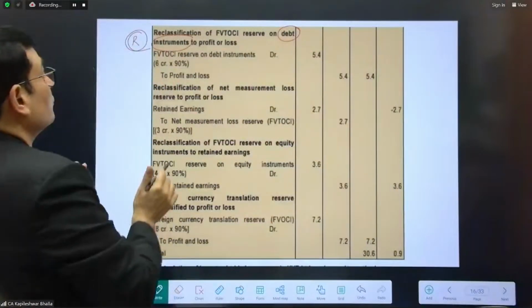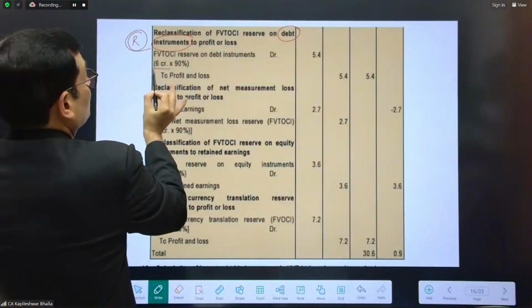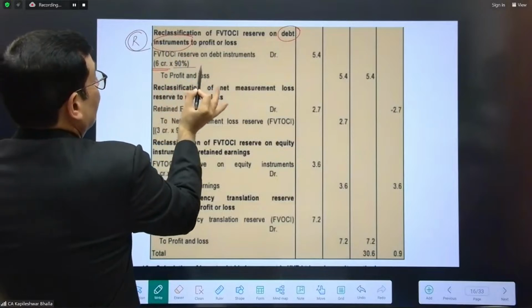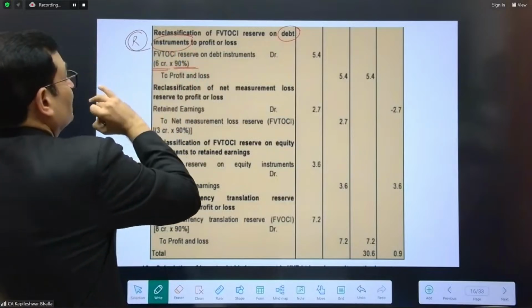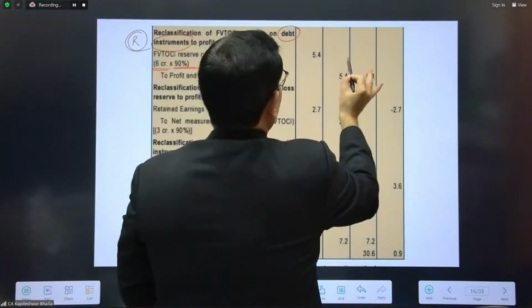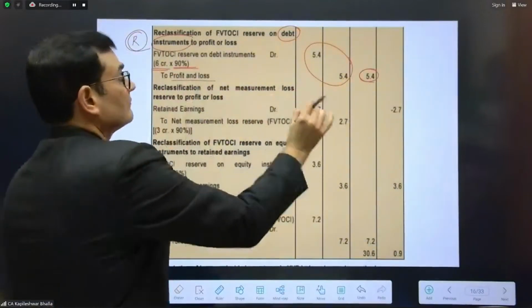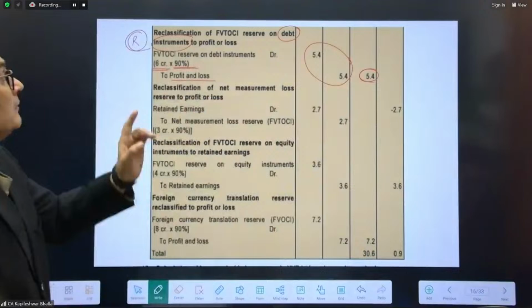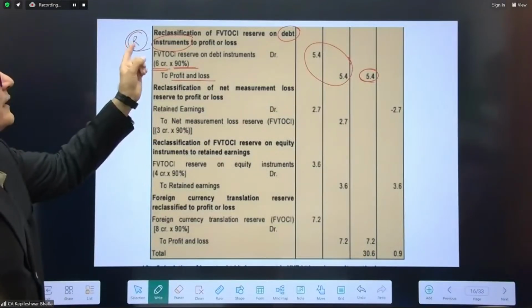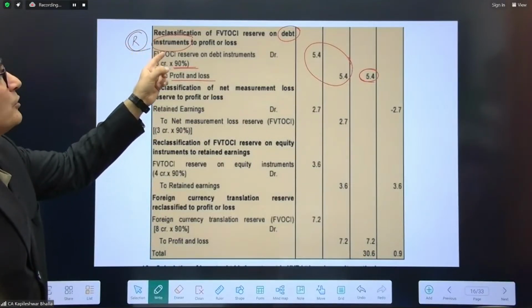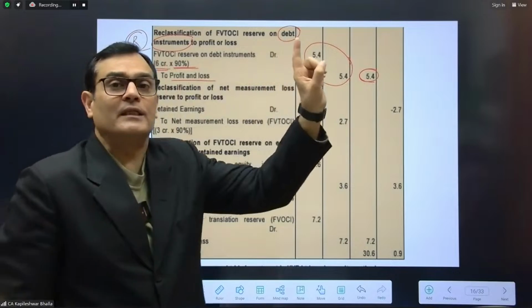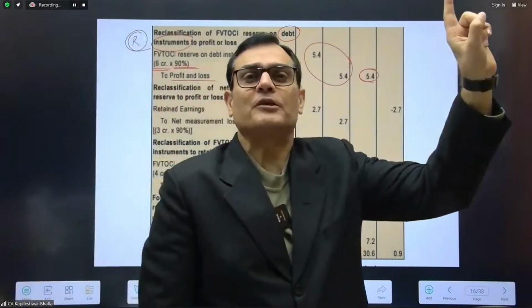So you can notice that we are given 6 crores as the accumulated OCI, and 90% belonging to the parent company is being taken and shifted to the profit and loss account. Why has it been shifted? Because it is a case of recycling. So on the derecognition of the investment, the accumulated OCI balances need to be transferred to P&L.